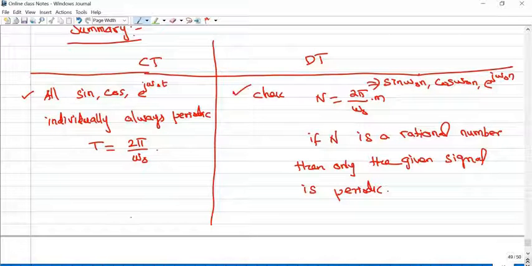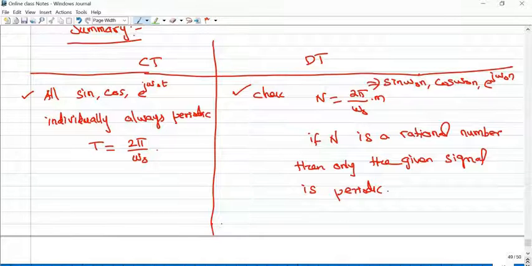If there is more than one component, the procedure is the same for both. We have to find T1, T2, T3; there also N1, N2, N3, and the ratios T1 to T2, T1 to T3. In discrete time signals, N1 to N2, N1 to N3. The ratio should not have any root terms or pi terms.